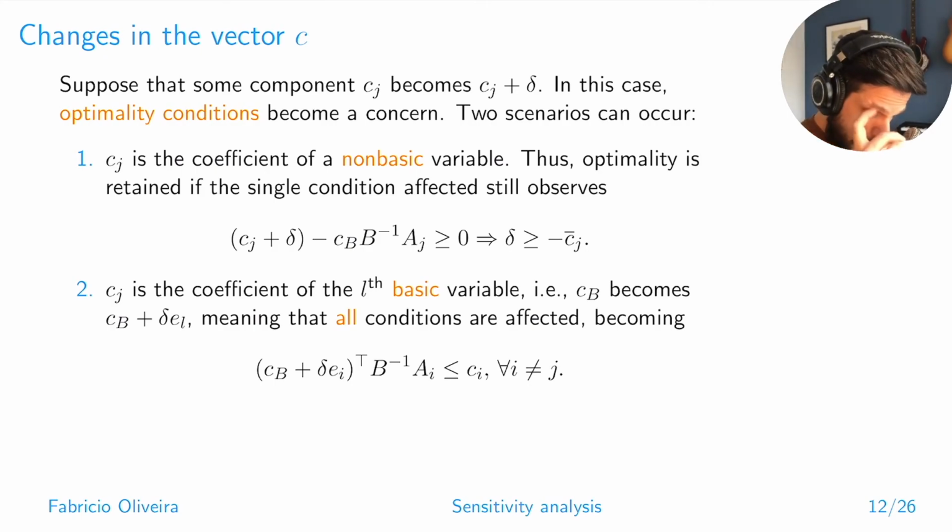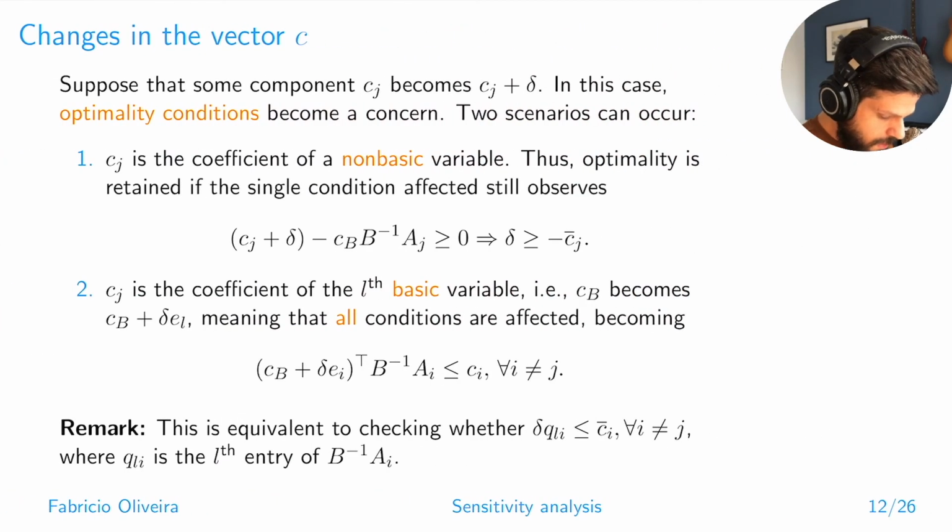Well, the easiest way is to think about this as the L entry on your B^-1 A matrix, because it makes it easier to think what it is. And then you have to compare the influence on all the other reduced costs, with the exception of the one you have at hand, that variable that is changing.